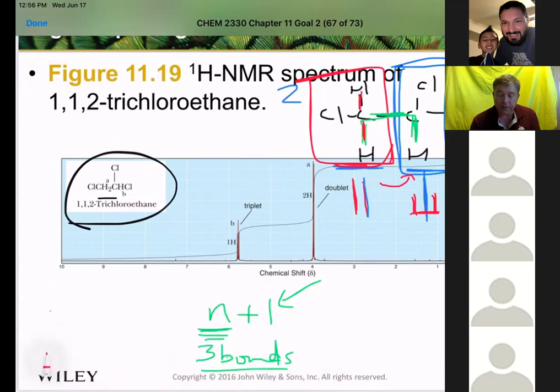These 2 hydrogens are only 2 bonds away from each other, and they're exactly the same. They're equivalent hydrogens, so they don't split each other. So whenever we have our n, that's the number of hydrogens that are 3 bonds away plus our original signal. All right, let's use that 3 bonds away rule on the next slide here.